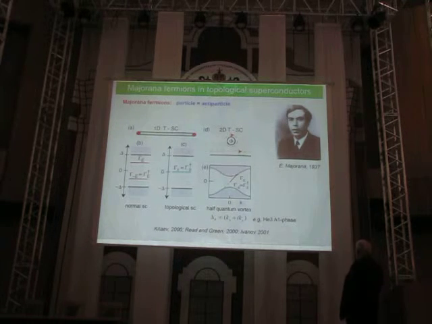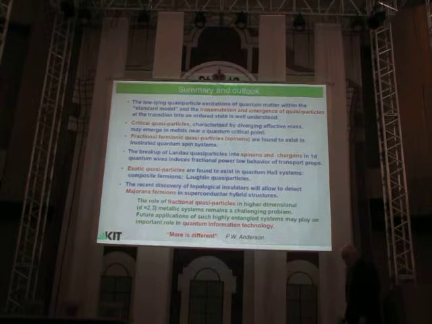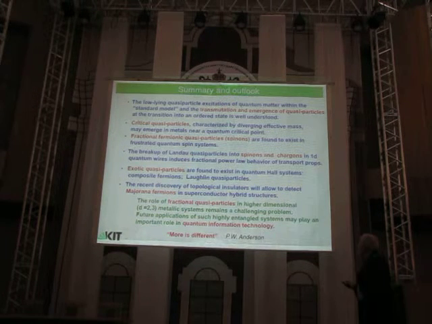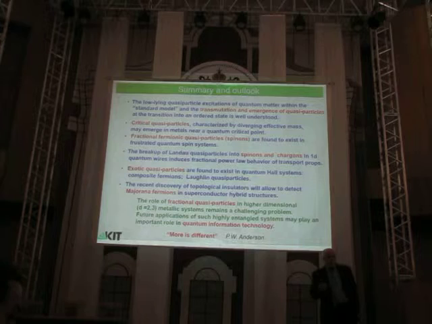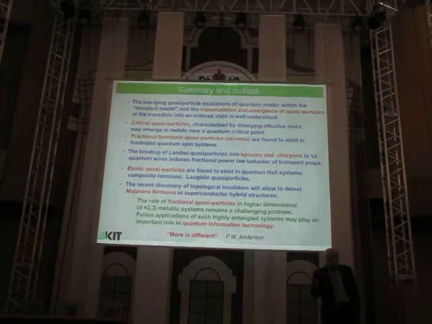Okay, so this concludes my talk. Let me summarize. I first discussed that the low-lying quasi-particle excitations of quantum matter within the so-called standard model are transformed and new quasi-particles emerge in ordered states. This is a standard procedure that we have been using ever since the 1960s, I guess.